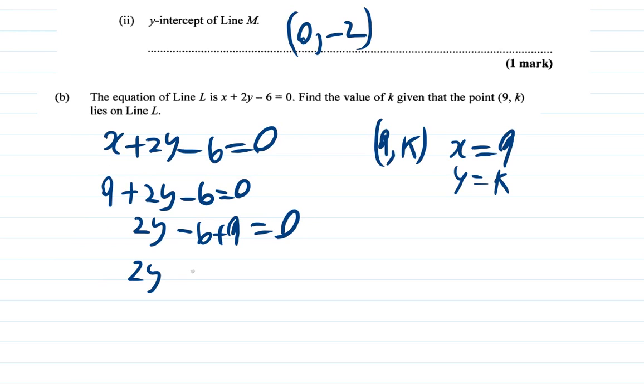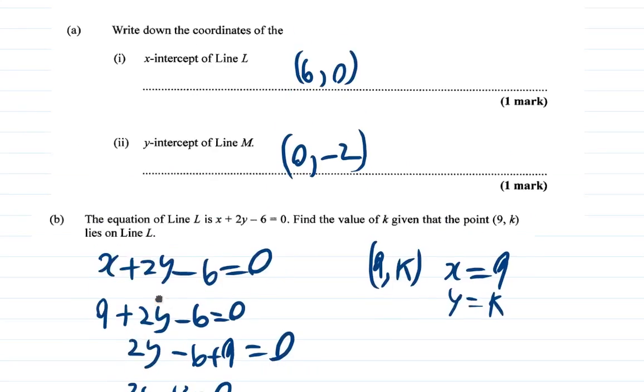So 2y plus 3 equals 0. If you subtract 3 from both sides, then 2y is equal to negative 3. And then divide both sides by 2, y will be negative 3 over 2, or negative 1.5.